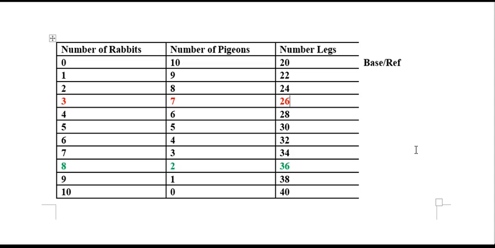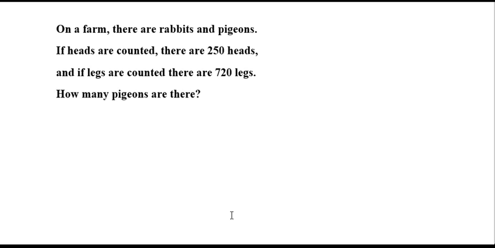Now let's come back to the original question, and we're going to use Python to solve it. To start, let's suppose all 250 animals are pigeons, because if you count by head, there are 250 heads, and each animal has one head. So on the farm, there should be 250 animals.